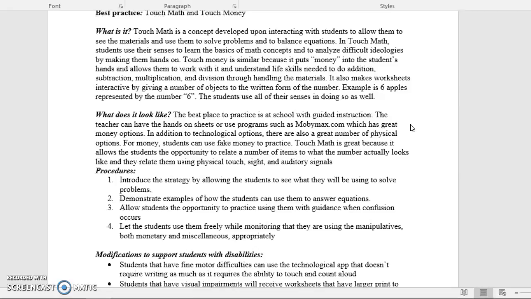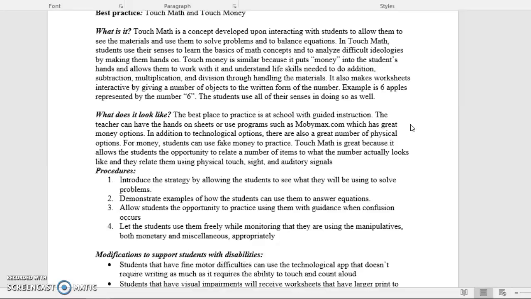The students really grab the coins, using their finger or the mouse, and they move them to create the sum of what you should pay, or the difference of what change you should get back. Touch Math is also going to allow students the opportunity to relate the number of items to what the number actually looks like. So instead of having a basket full of items, they can relate them.